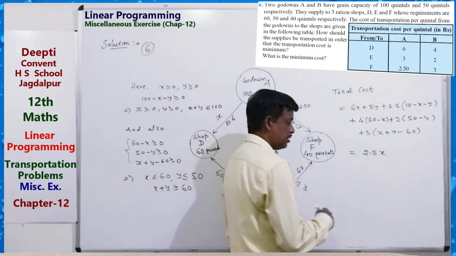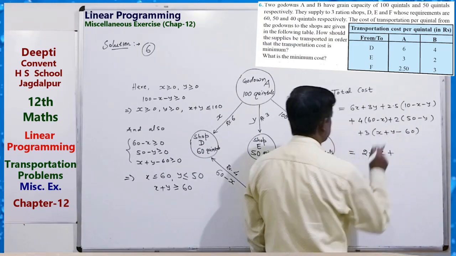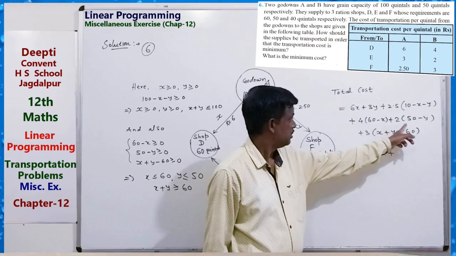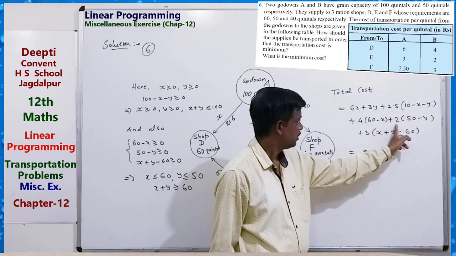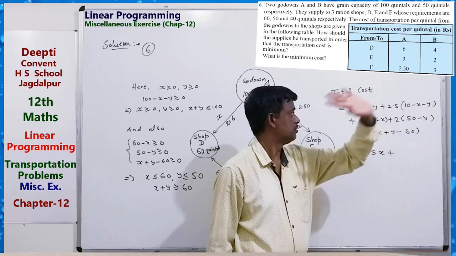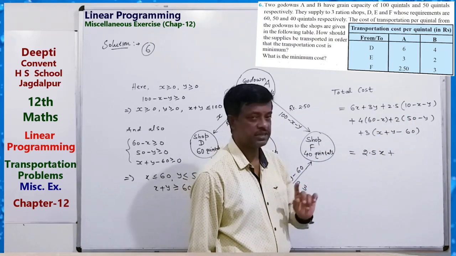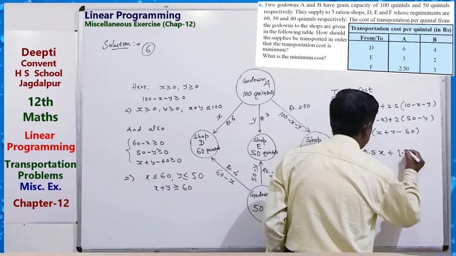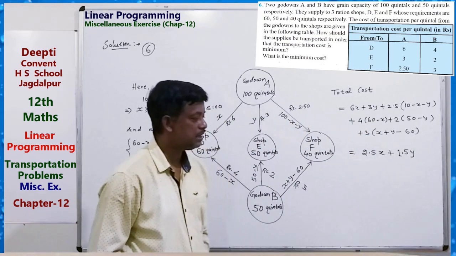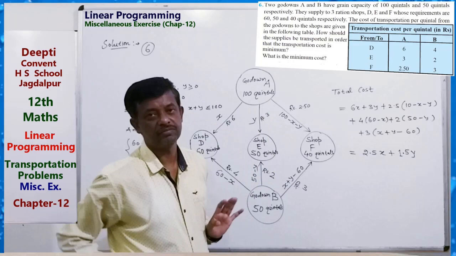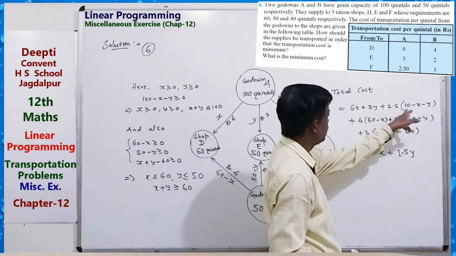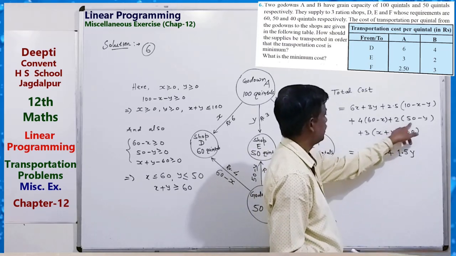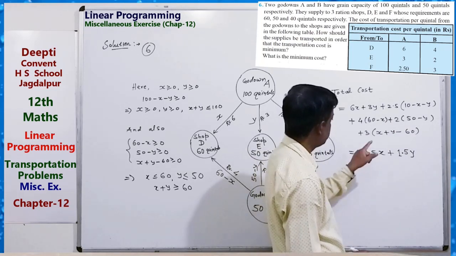And also for Y: 3Y plus 6Y minus 2.5Y minus 2Y, that is 4.5Y, and 6 minus 4.5 gives 1.5Y. Clear? And also the constant terms you can collect: 2.5 into 100, that is 250.